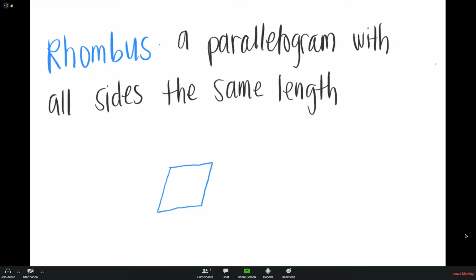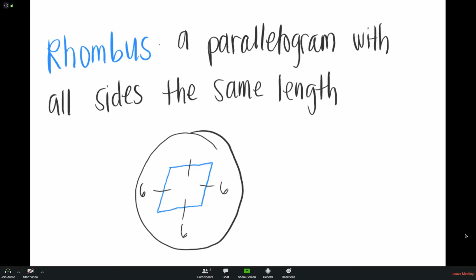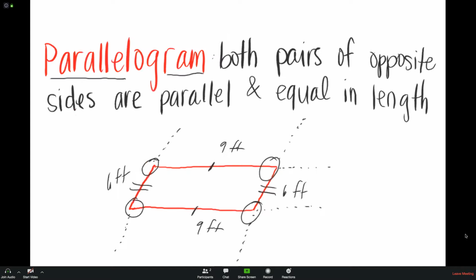Okay, now let's take a look at a rhombus. A rhombus is also a parallelogram because opposite sides, top and bottom, left and right, are parallel and equal. The only difference between a parallelogram and a rhombus is that all the sides are the same length. Okay, so that means that parallelograms don't have to have all equal sides.